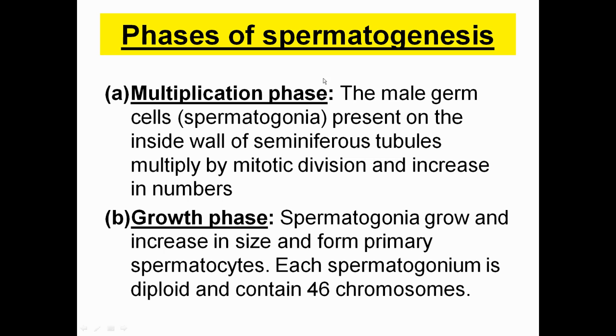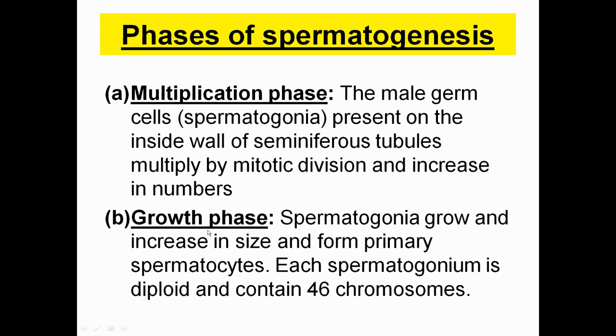Phases of spermatogenesis. The first phase is the multiplication phase. The male germ cells or the spermatogonia present on the inside wall of the seminiferous tubule multiply by mitotic division and increase in number. We have seen that one cell is going to divide to form two, and each individual cell is going to divide again to form duplicate copies of the spermatogonia.